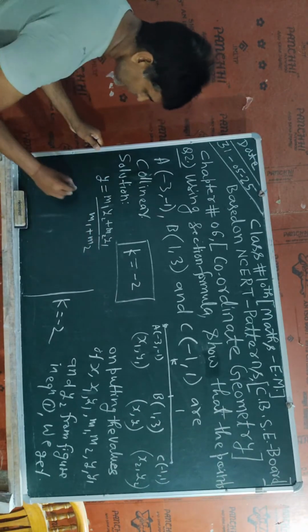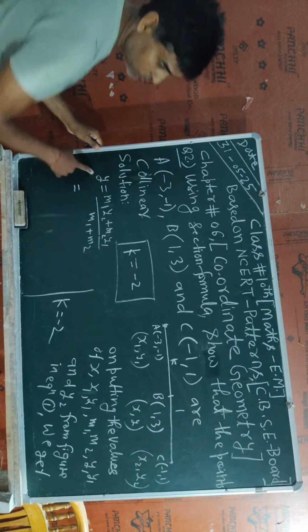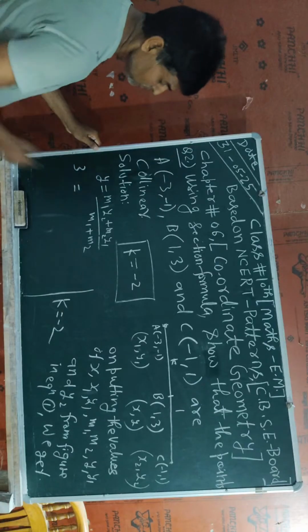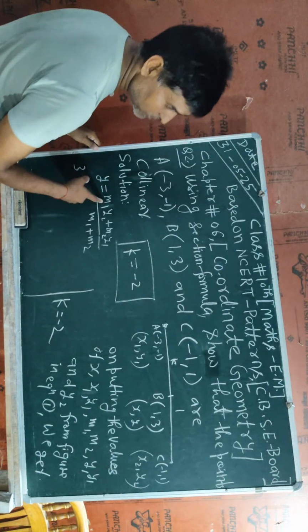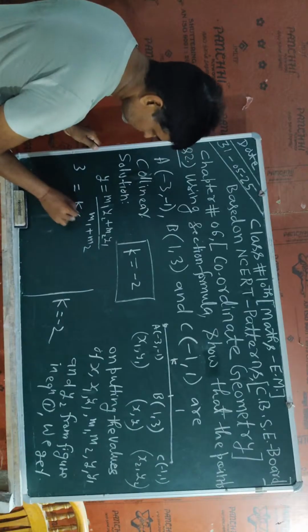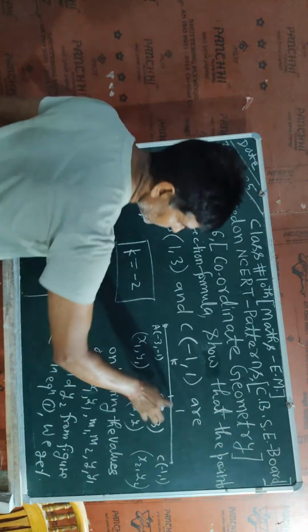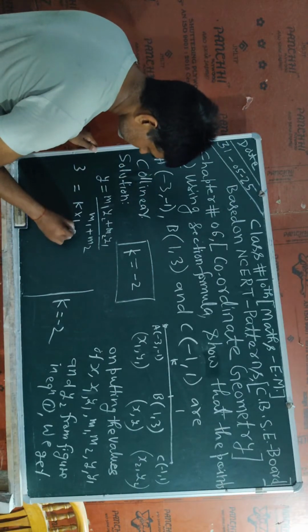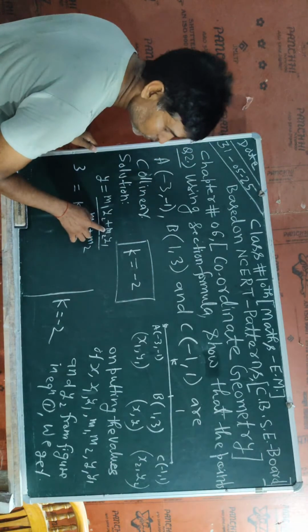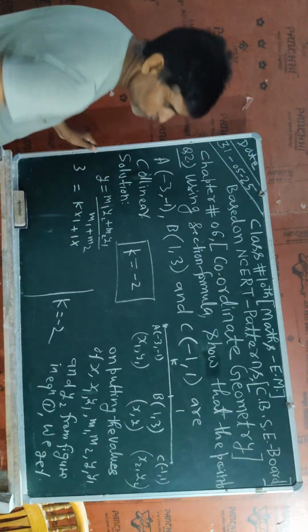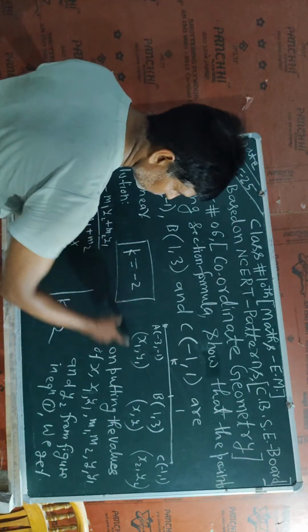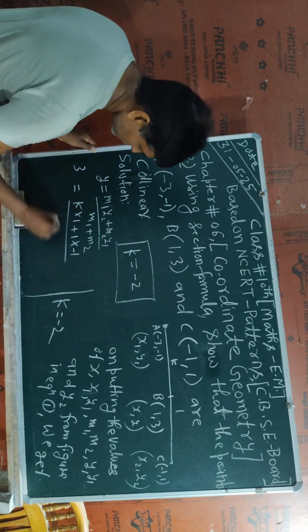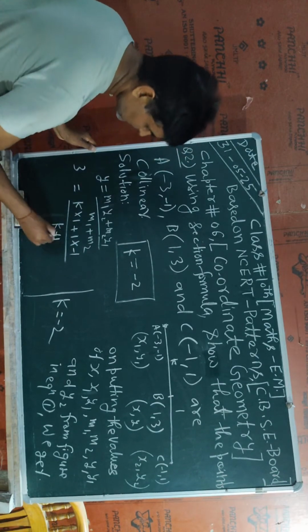Now further I will write the values: the value of y is 3, the value of m1 is k, so I will put k, the value of y2 is 1, so I will put 1, plus the value of m2 is 1, and the value of y1 is minus 1, so I will put minus 1, divided by k plus 1. That is given in the question.